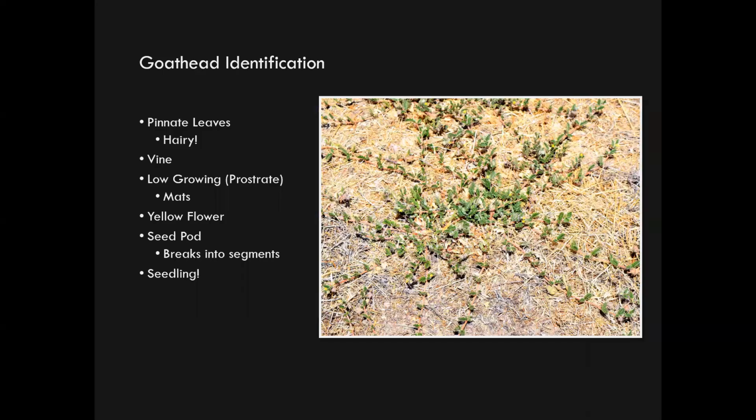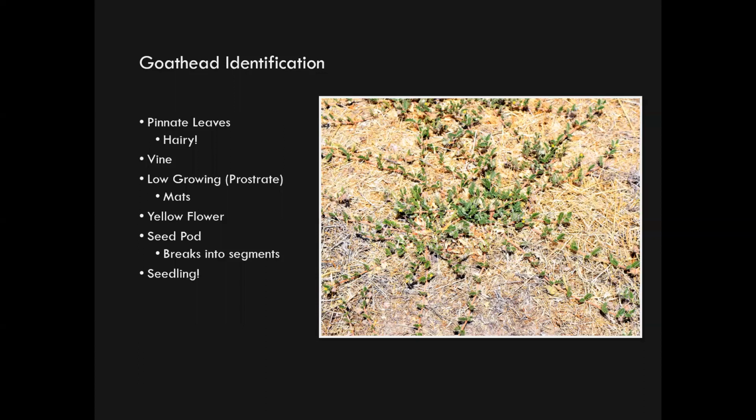So when it comes to identifying goatheads, most people are probably familiar with goatheads and how to identify them at a lot of different growth stages, but just about everybody can tell you what they are when they're this big viney plant. Really spread out, low growing on the soil surface. They have red stems.